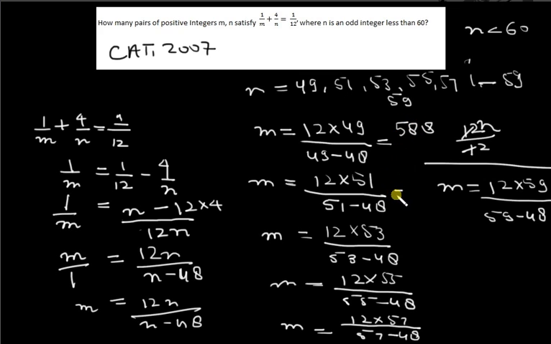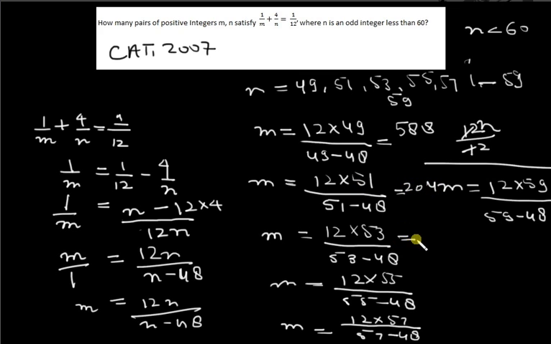Now for this one, when I subtract 48 from 51, I get 3 here, and 3 fours are 12. So it's 4 multiplied by 51. So 4 ones are 4, and 4 fives are 20.